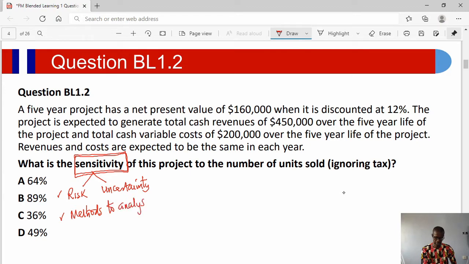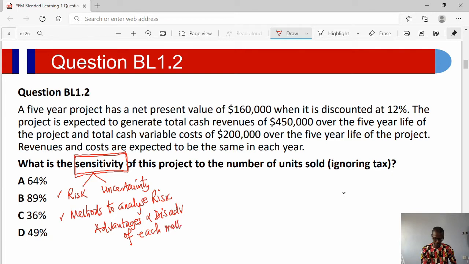And know the advantages and disadvantages of each of these methods to analyze risks. What are the methods that we can use? What are the advantages? What are the disadvantages of each method? Know the methods so well.